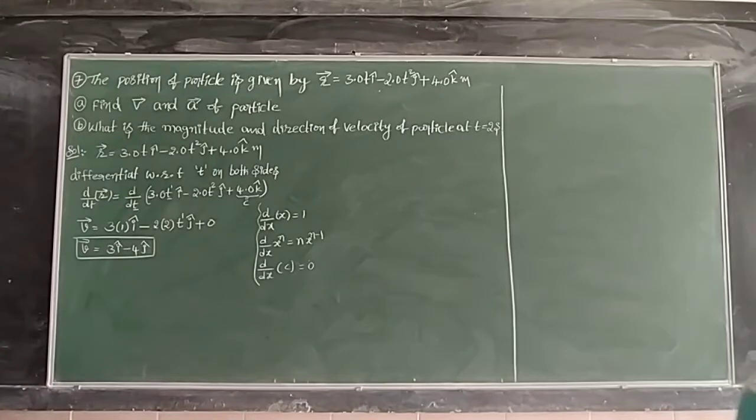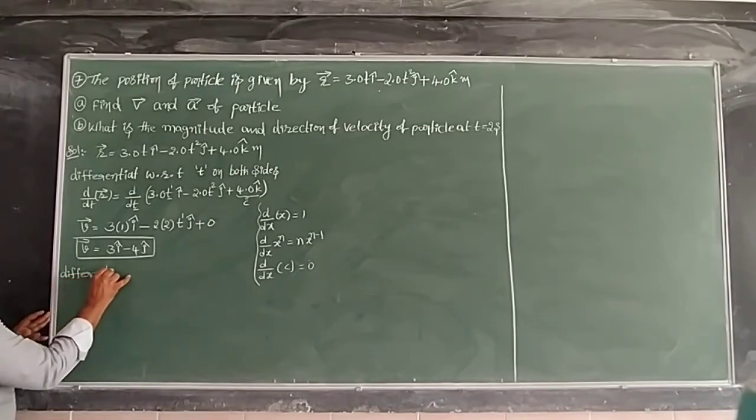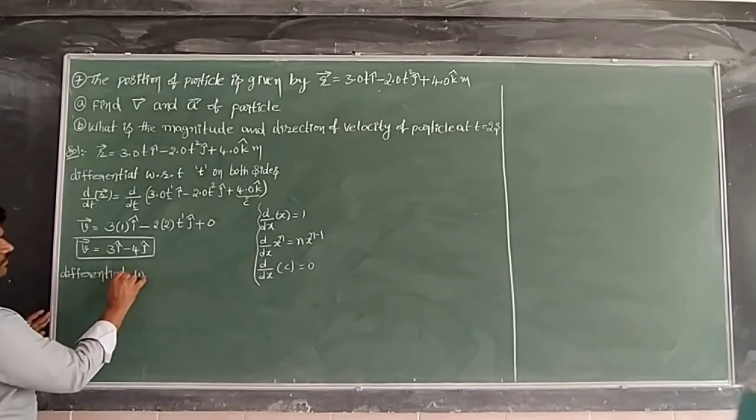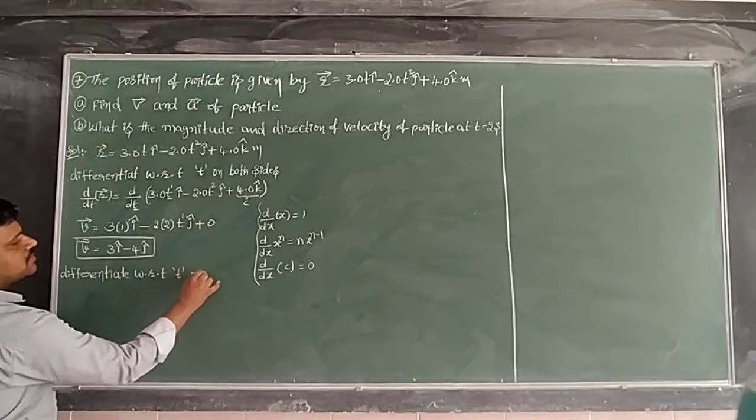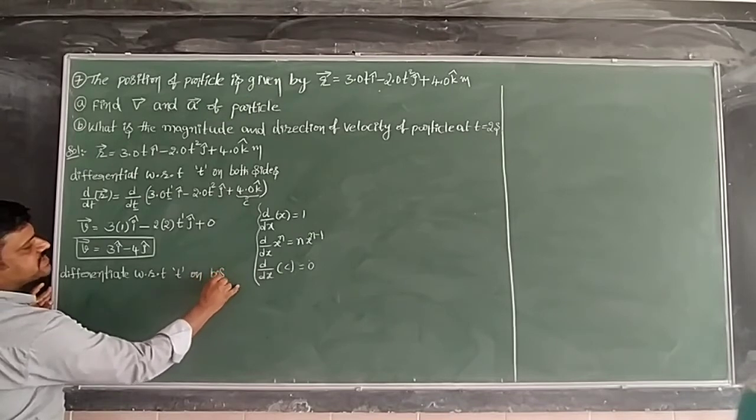Next, I have to find the acceleration. To find the acceleration, differentiate v bar with respect to t on both sides.